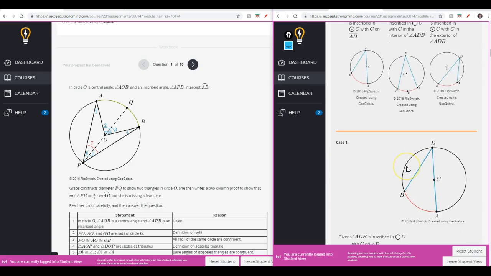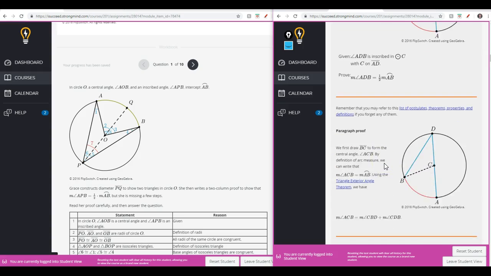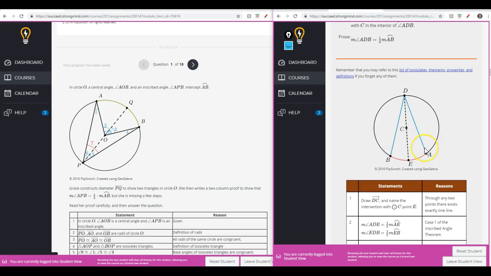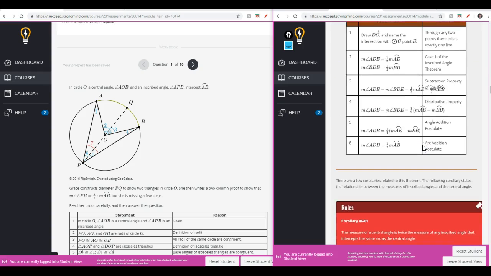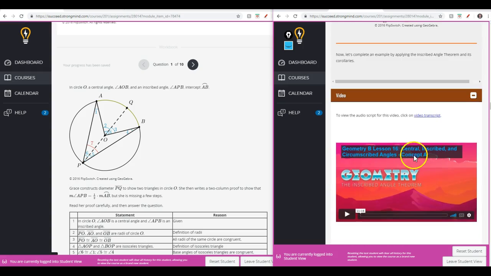So I'm looking for this, and I'm noticing that this is looking similar. This point kind of looks more similar to it. And then we passed it.